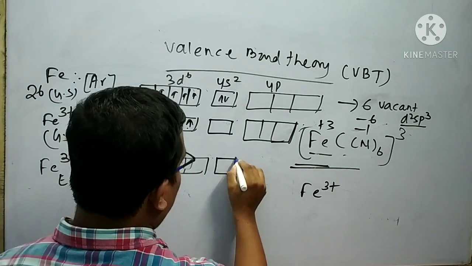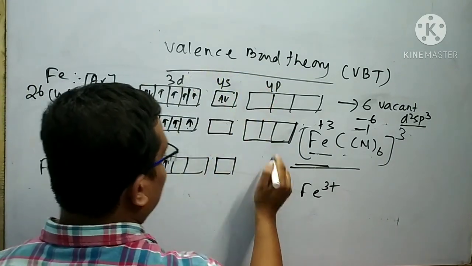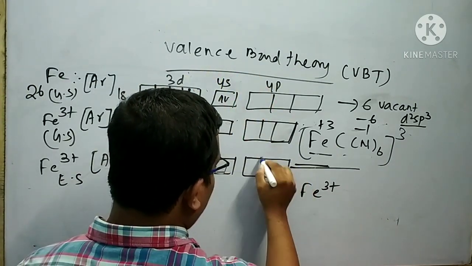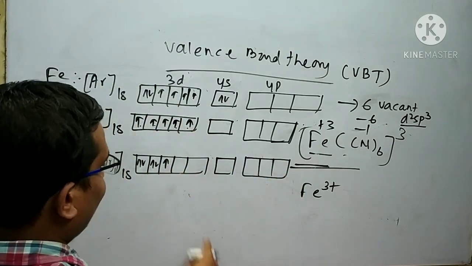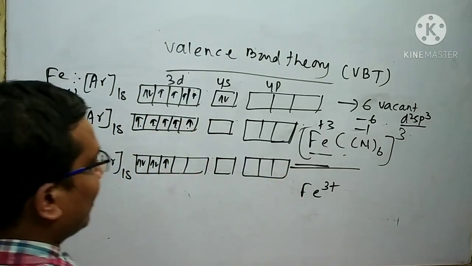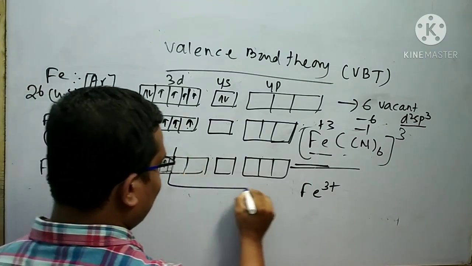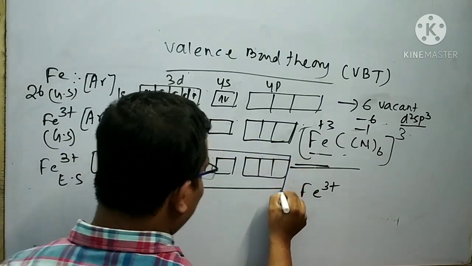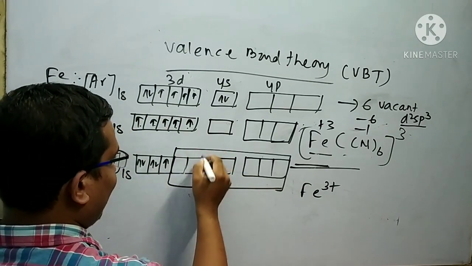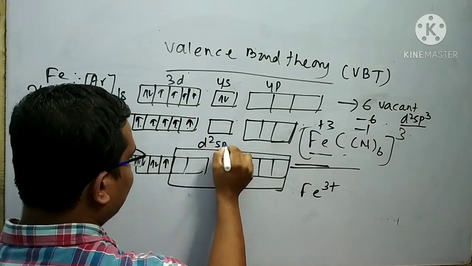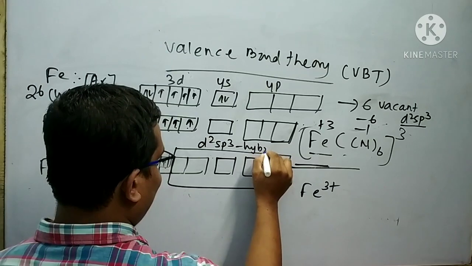This is your 4s. This is your 4p. Look at that. There are 6 vacant orbitals present. Now I will take these orbitals for hybridization. That means I can write here d2sp3 hybridization.